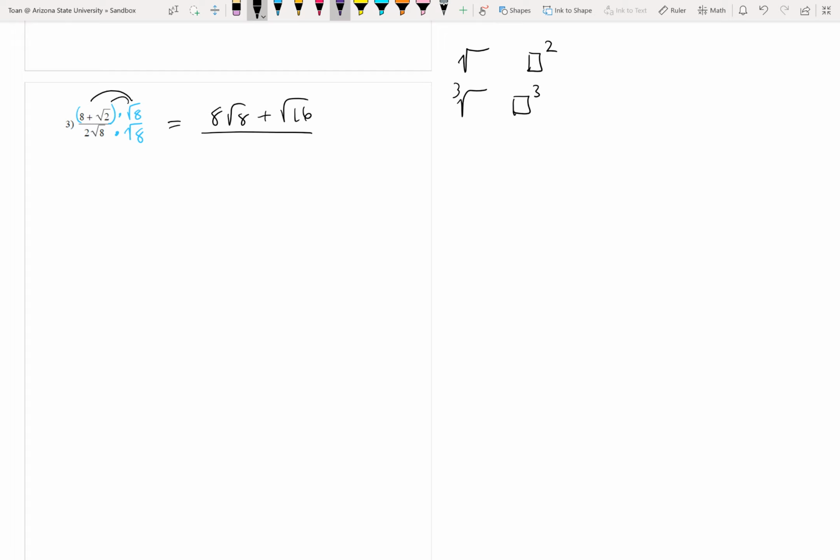Now the whole point of rationalizing this part here is when you're multiplying a radical by itself, it gets rid of the square root, so you're left with an 8. So in the denominator, it's just 2 times a regular 8, which gives me 16. Now the instruction did say simplify as much as possible, so I got to simplify all these radicals. I hope it doesn't take a lot of thinking to simplify radical 8.